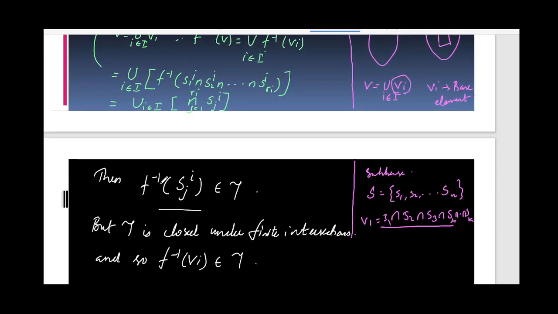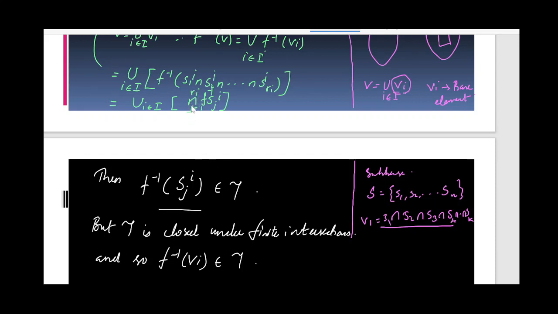See, F inverse of Sji. Oh, I have missed it here. This is F inverse. So F inverse of Sji belongs to your topology T. Now topology is closed under finite intersection.